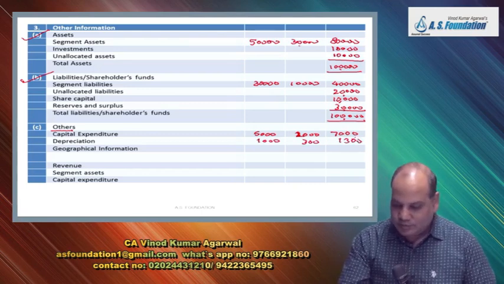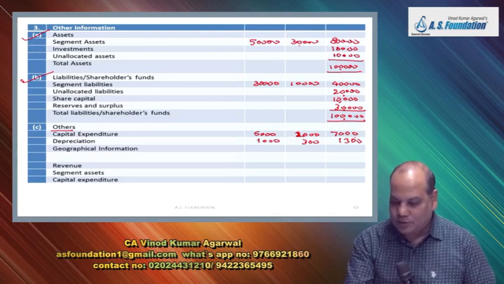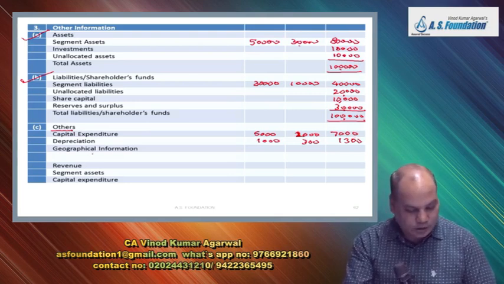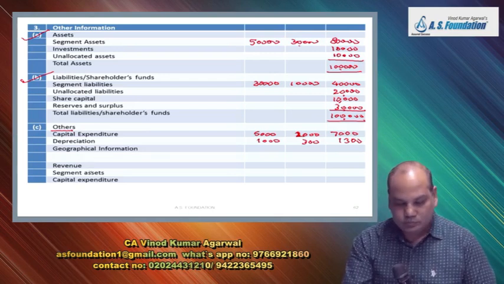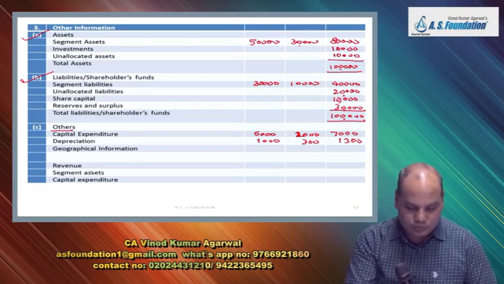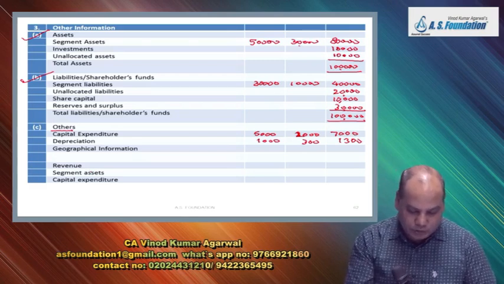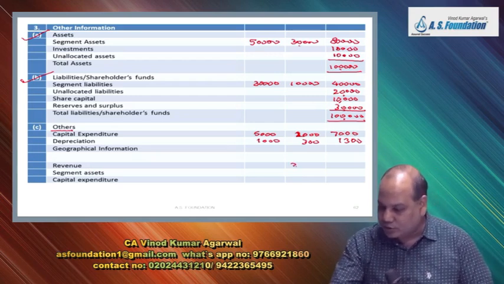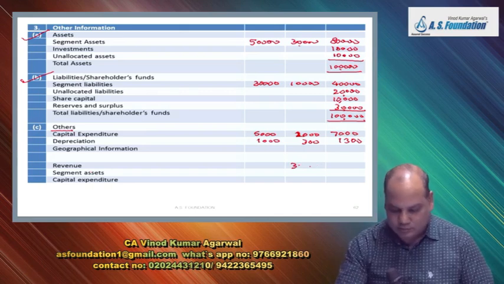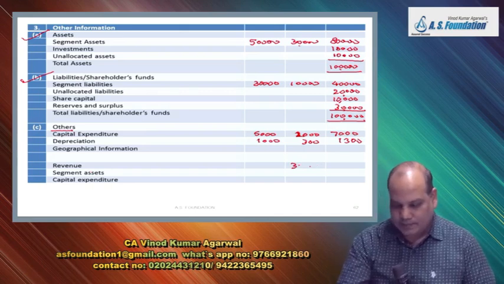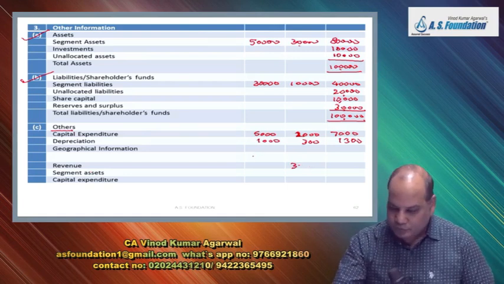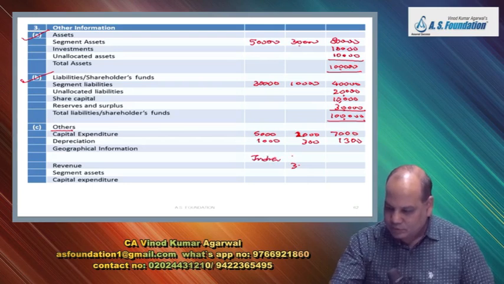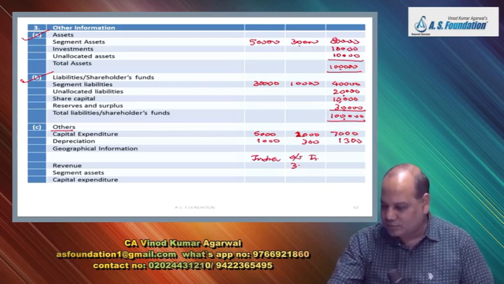And then you have to give some geographical information. In geographical information, you have to give revenue. To help you, they have given revenue from outside India as 30,000. So first you put 30,000 here, outside India. We will have to draw two columns here: India and outside India.